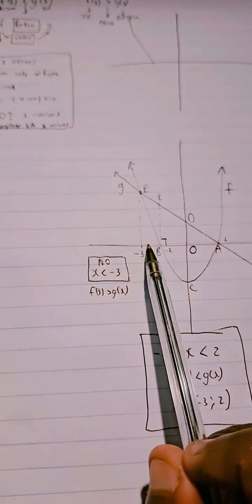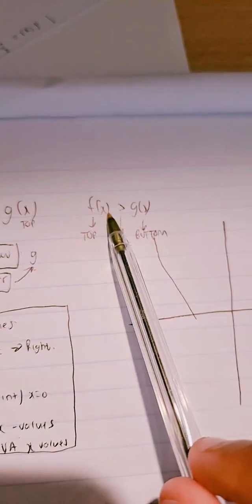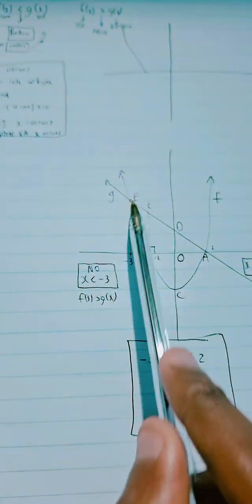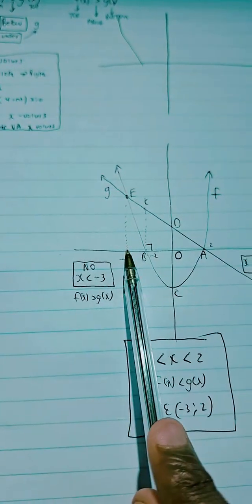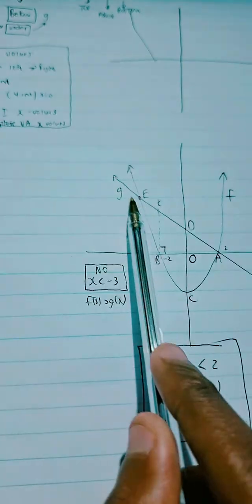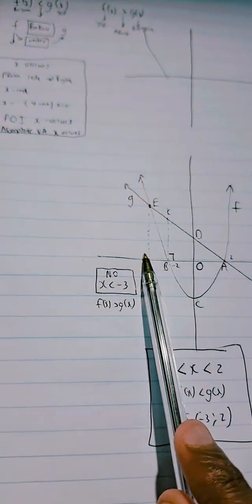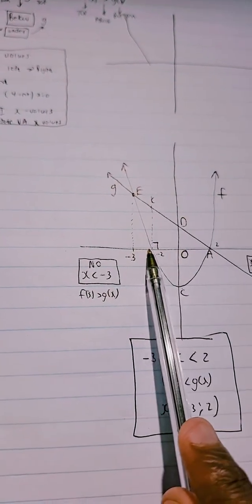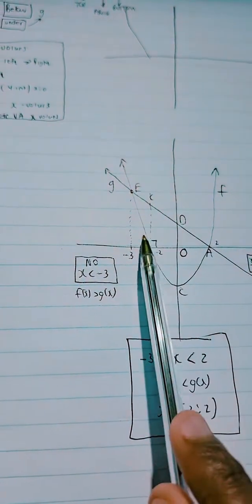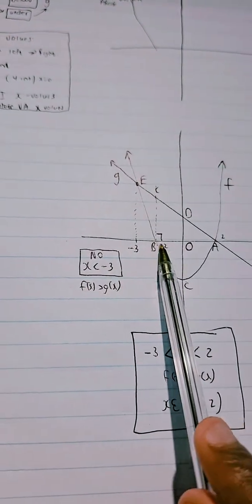Then we know F, from negative infinity to negative 3, is above whilst G is below. So it's X less than negative 3. From negative 3 to negative 2, you can see who's on top. It's G, who's below, it's F. You continue from negative 2 to 0, you can see who's at the top, who is below.